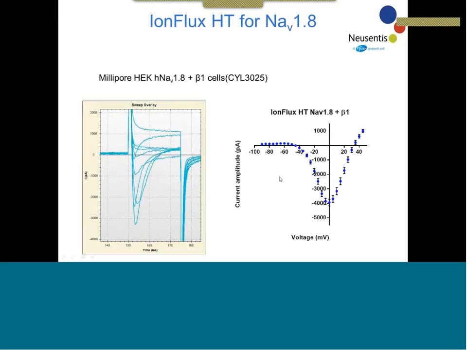What I would like to point out in the right-hand graph is that because we're using the ensemble plates here, measuring currents from up to 20 cells, for a cell line which doesn't routinely express a large number of the channels, we're able to get very good combined current amplitudes, and therefore a good assay window.